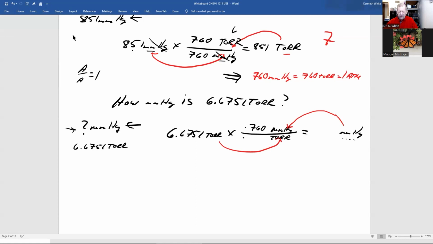760 millimeters of mercury equals 760 torr, and that's the relationship. Remember, when you have two things equal to each other, in this case 760 millimeters of mercury equals 760 torr, you can have two ratios.